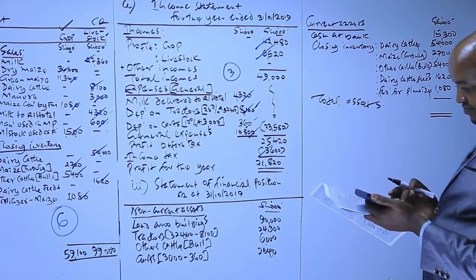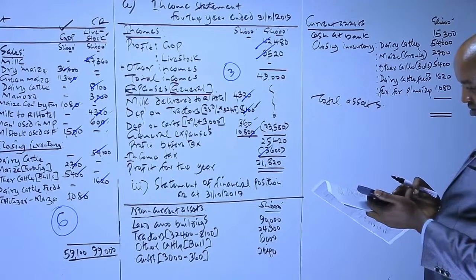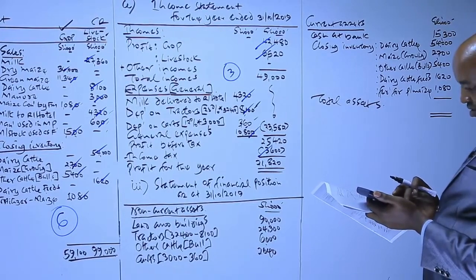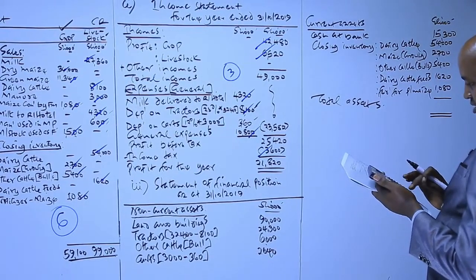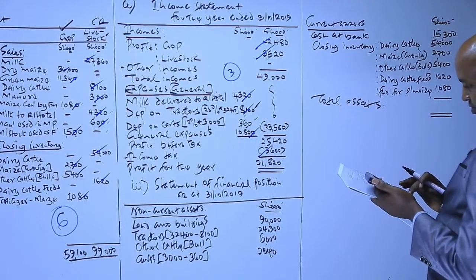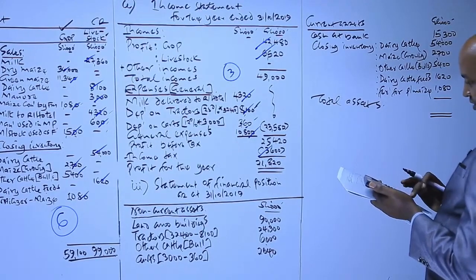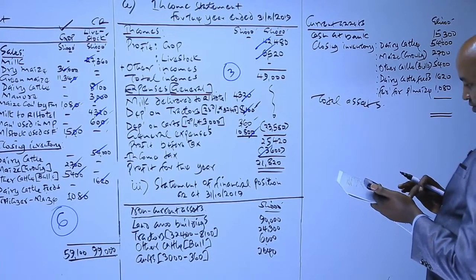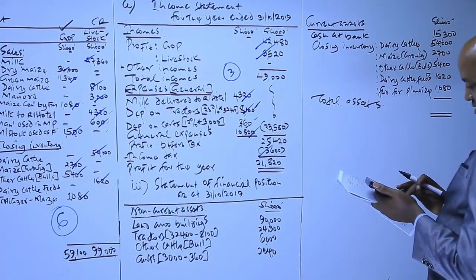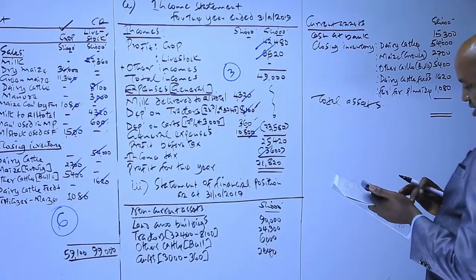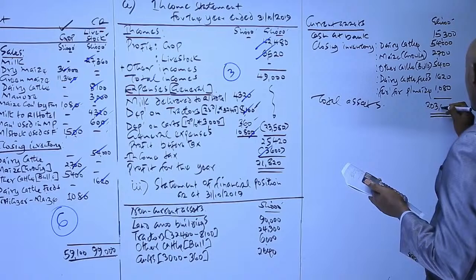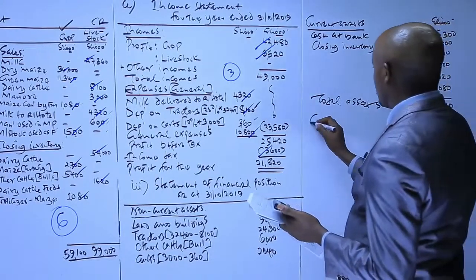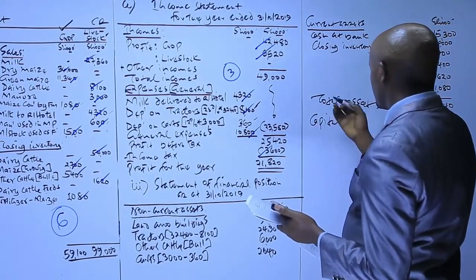We have 90,000, 24,300, 6,000, plus 2,640, plus 15,300, plus 54,000, plus 27,000, plus 54,000, plus 1,620, plus 1,080. That will give us a total of 203,040.